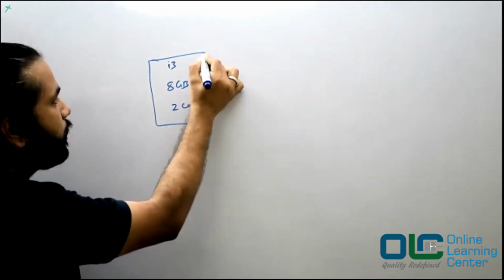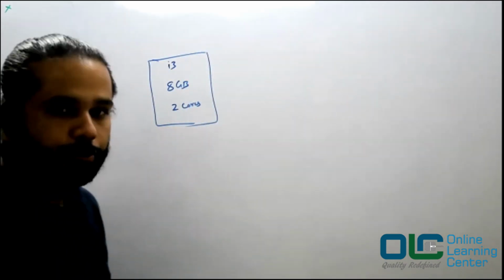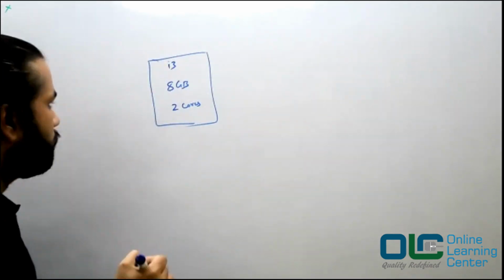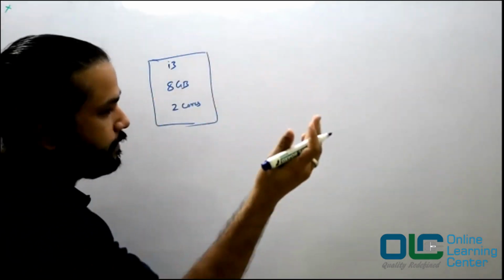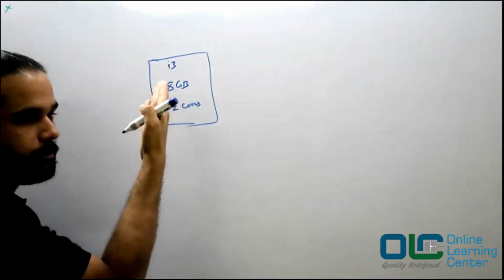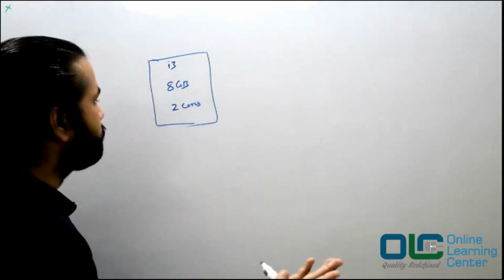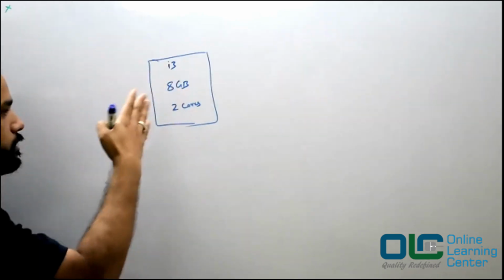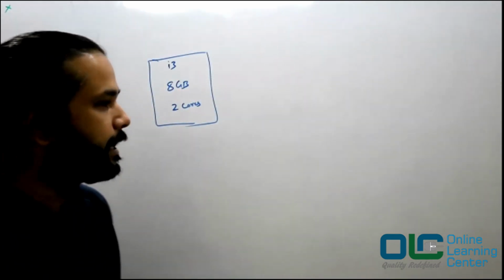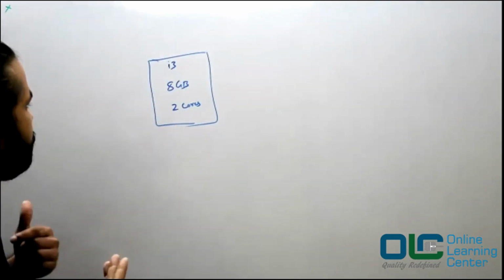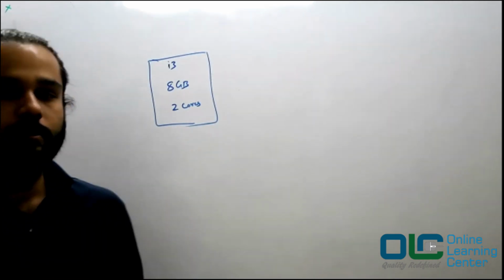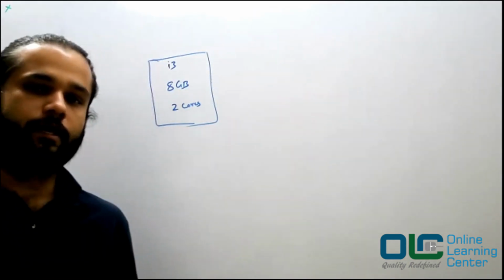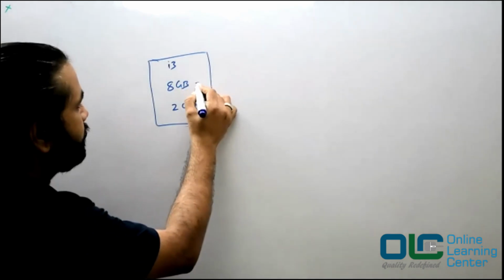This is the minimum requirement I basically prefer you to have. Now, if you have i5, i7, well and good. If you have 8 GB, 12 GB, 16 GB, well and good. If you have 4 cores, 8 cores, well and good. Right. So this is the minimum system requirement I would basically say, because when we install Hadoop in our machine, it should work, right? So that's the reason I want you to have at least 8 GB.